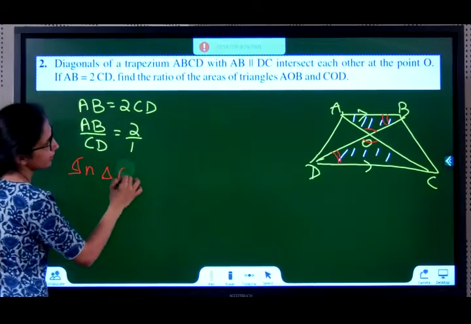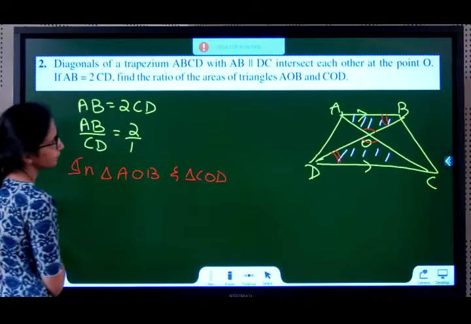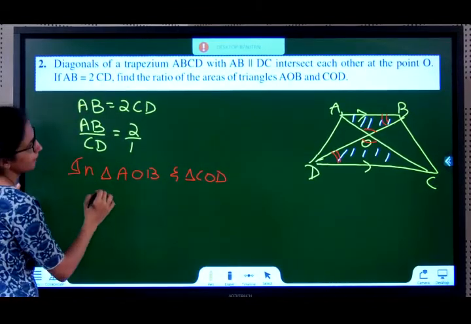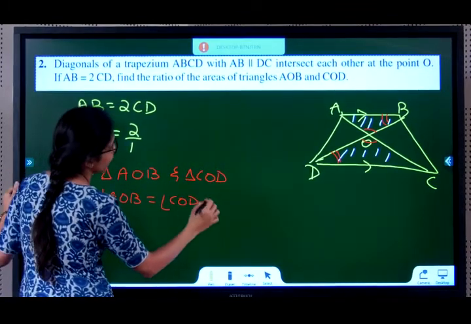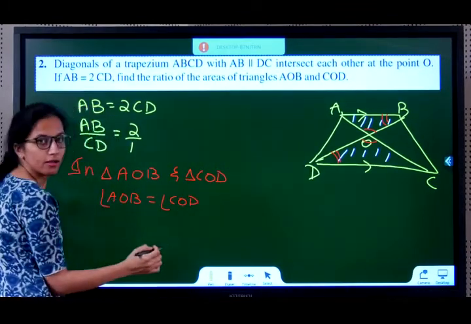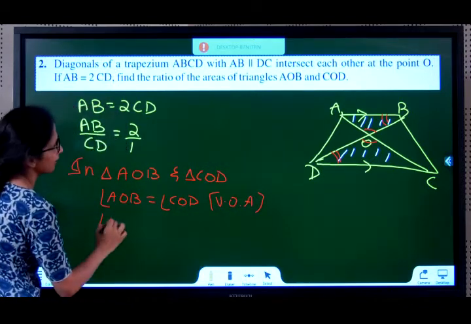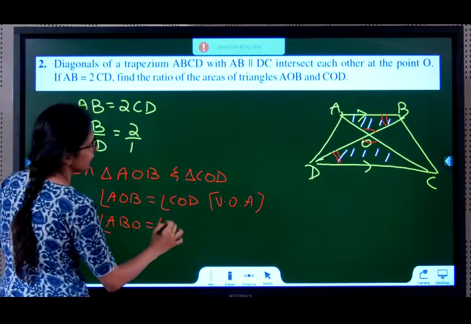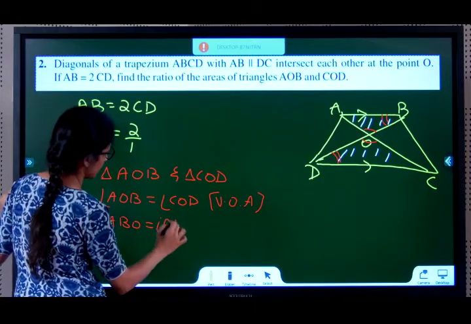In triangle AOB and triangle COD, angle AOB is equal to angle COD. Why? Vertically opposite angles. Next, angle ABO is equal to angle ODC.